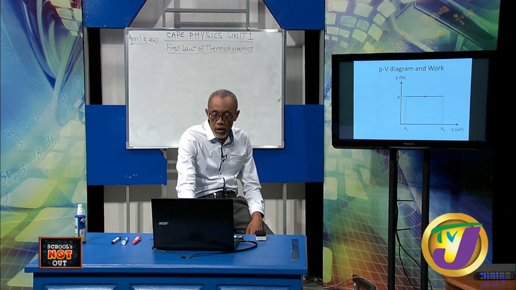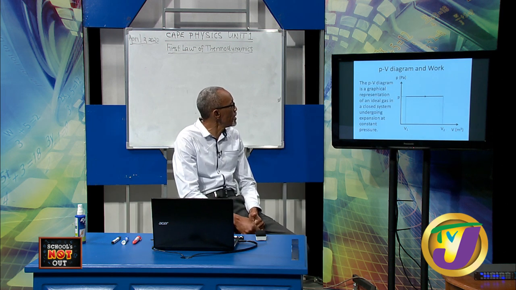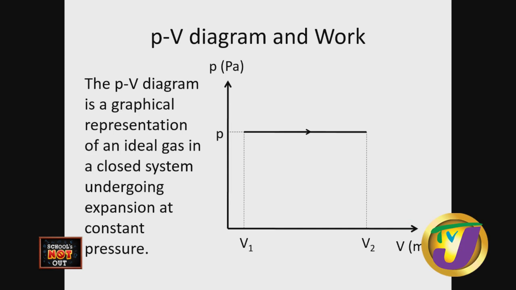All right, so the PV diagram is a graphical representation of an ideal gas in a closed system undergoing expansion at constant temperature. And so what happens here, the work done by the gas would be W equals P delta V, right?